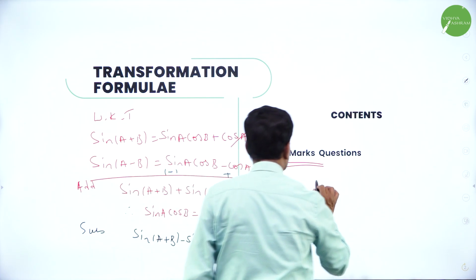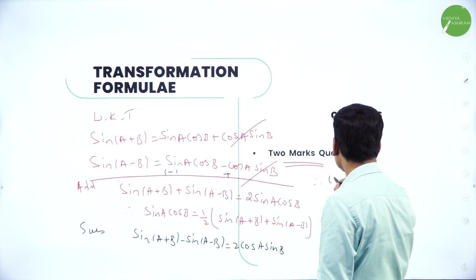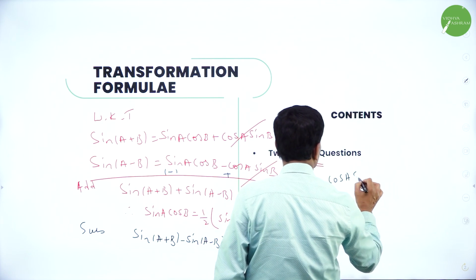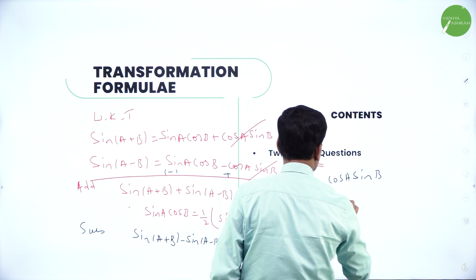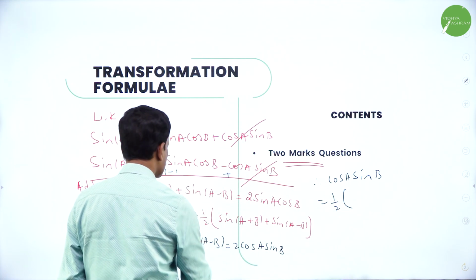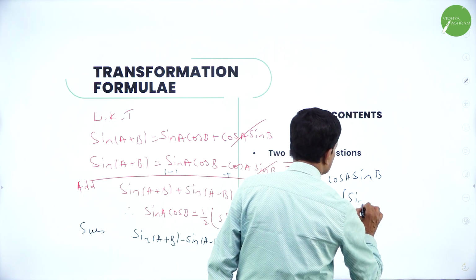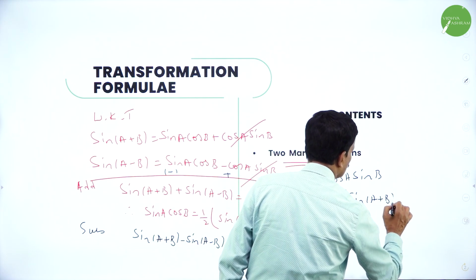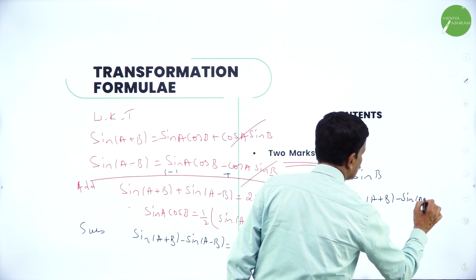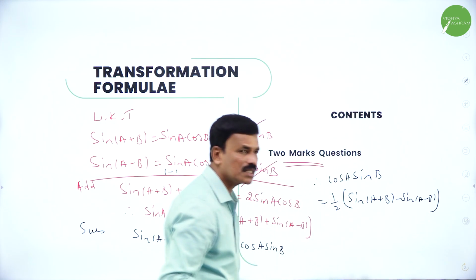So therefore cos a sin b can also be written as, transferring the 2 to the denominator, half of sin(a+b) minus sin(a-b). Right, this is another formula.